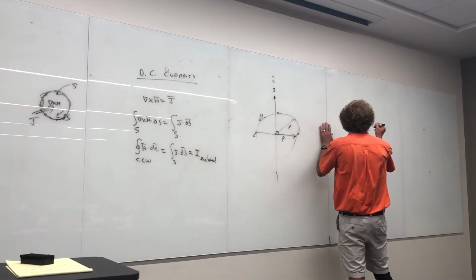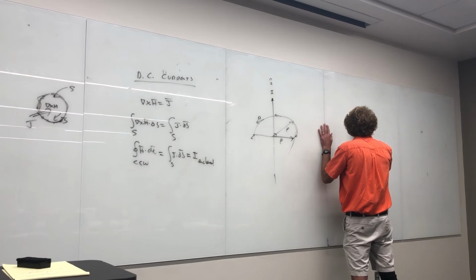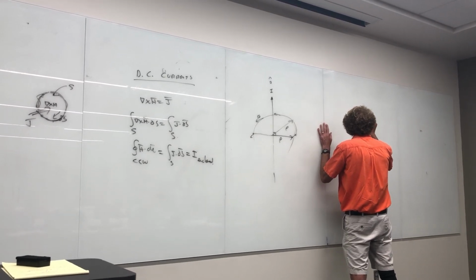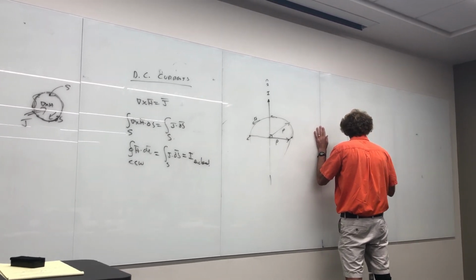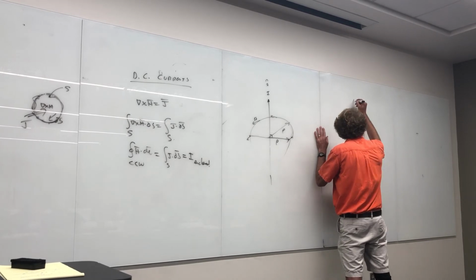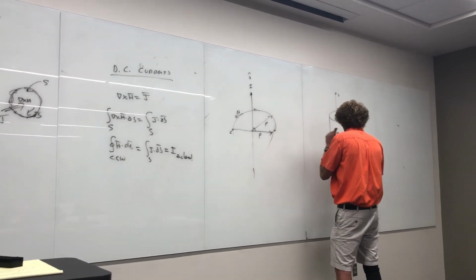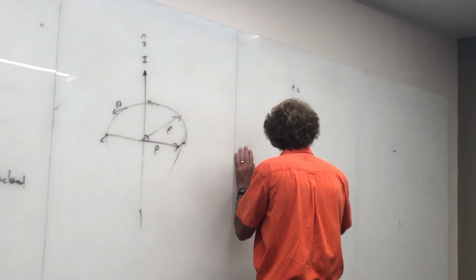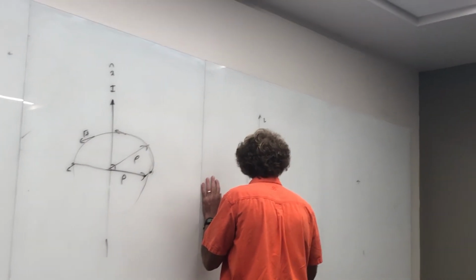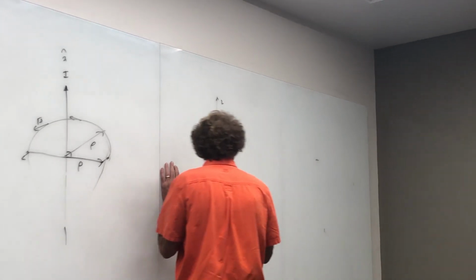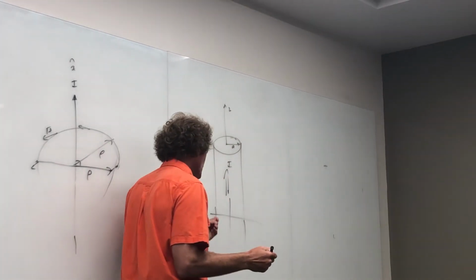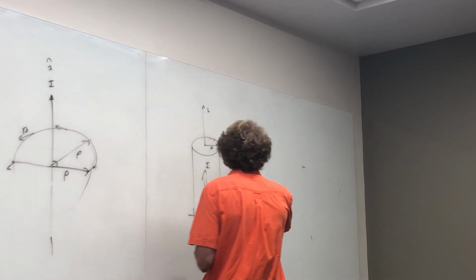Let's go through it. Suppose I now have a pipe with thickness A, and it's infinite. I'm just giving you the idea. I'm going to say that I have a current I flowing up through there. What I want to know is the H field everywhere.